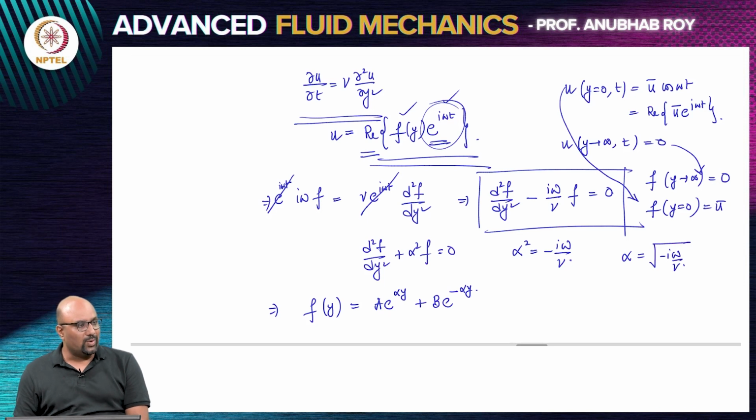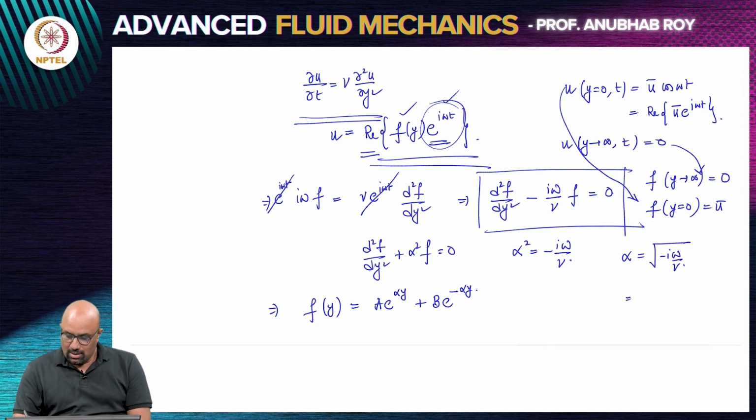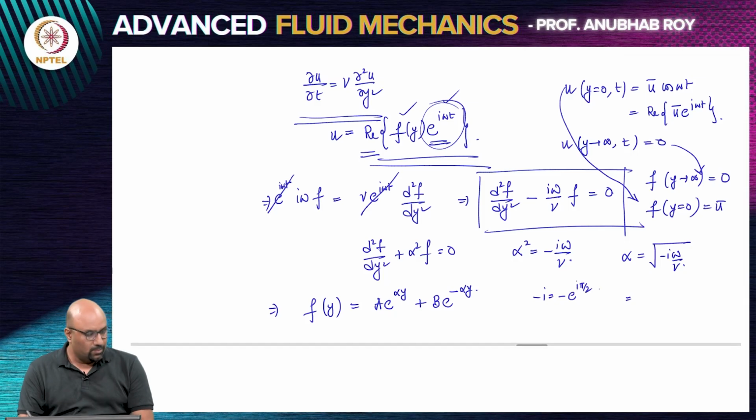Now how do I do the square root? Now minus i is minus e to the power i pi by 2, right? Everyone agrees with this, right? i is basically e to the power i pi by 2. Now there is a minus here. I can write this as e to the power i pi, e to the power i pi by 2, because minus 1 is e to the power i pi.